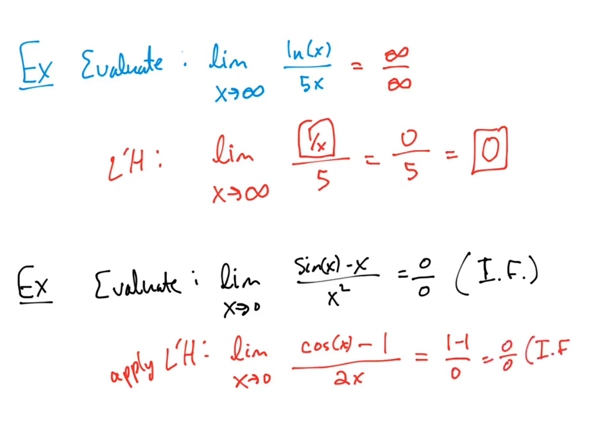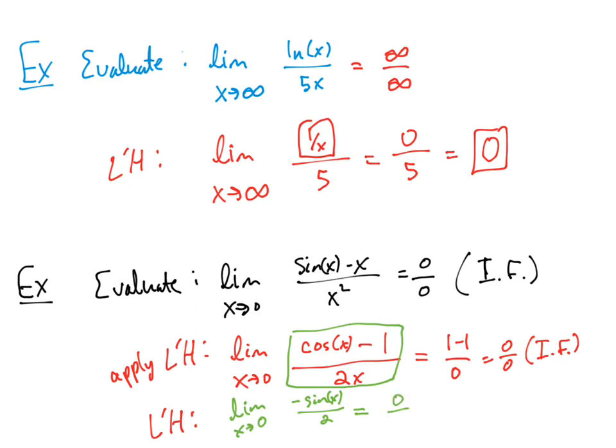We have another indeterminate form, so we're going to apply L'Hopital's rule again. Applying L'Hopital's rule to this quotient, as x goes to 0, the derivative of cosine of x is negative sine of x, divided by 2. We've seen sine of 0 is 0, times a negative 1 is still 0, divided by 2, so we end up with 0 here.